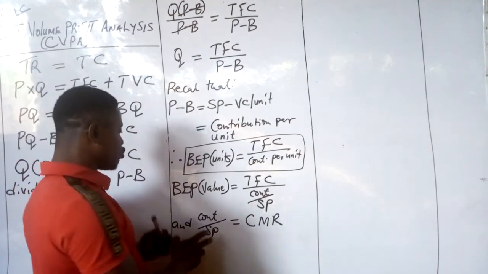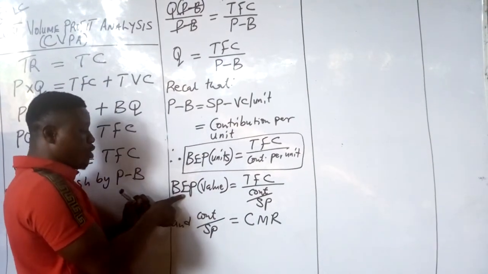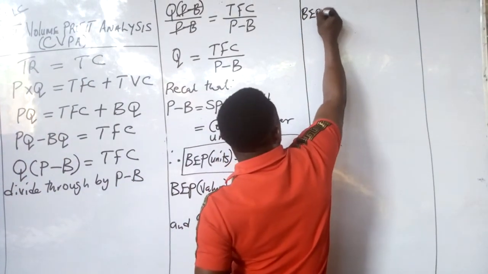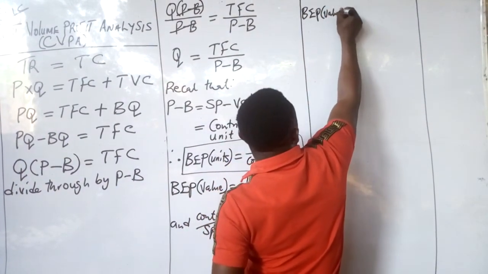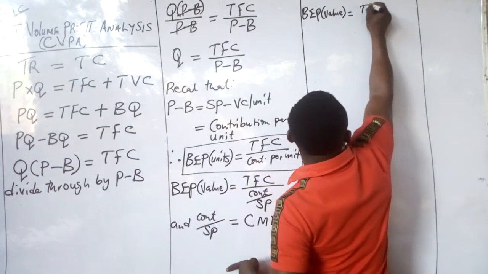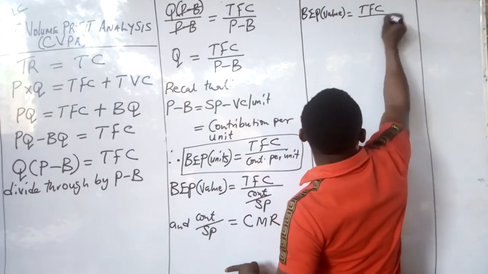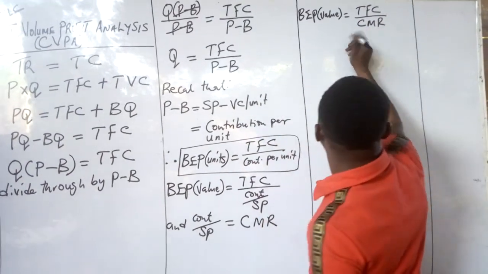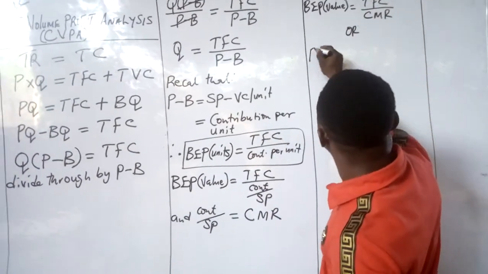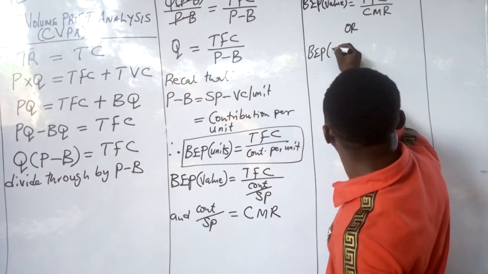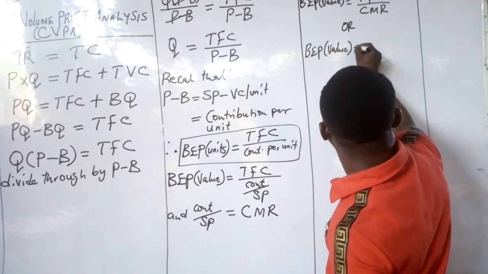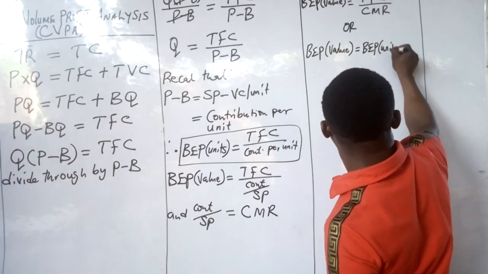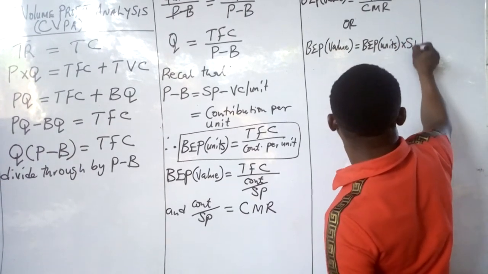So if we want to go further with the break-even point in value, we can say break-even point in value is equal to total fixed cost over CMR. But if you cannot do this, you can still say that break-even point in value is equal to break-even point in units multiplied by the selling price.